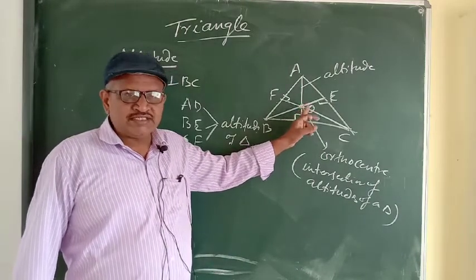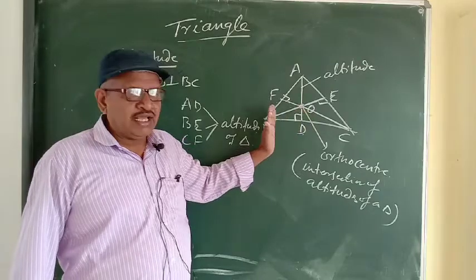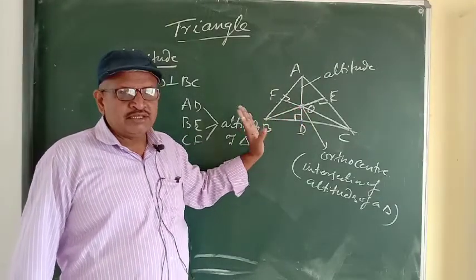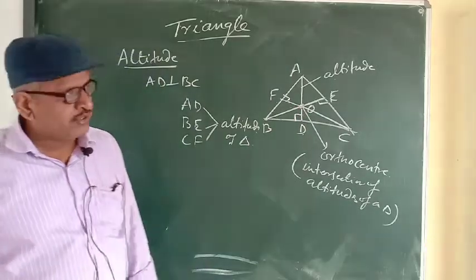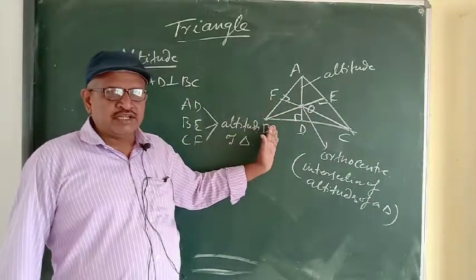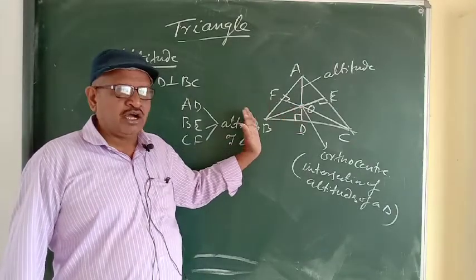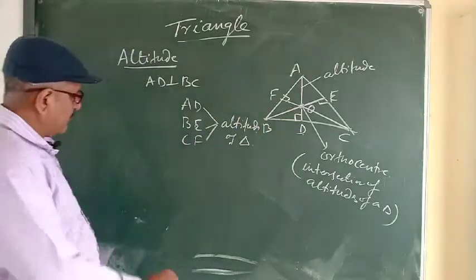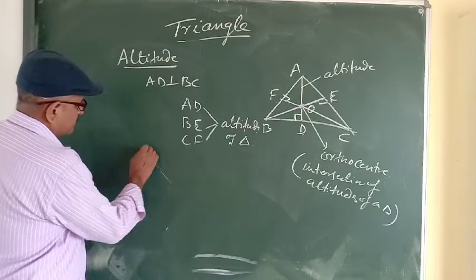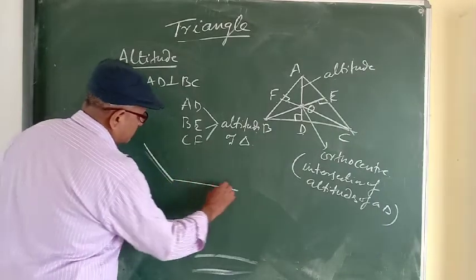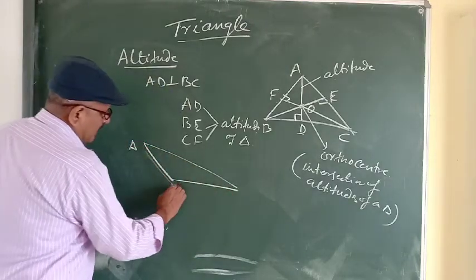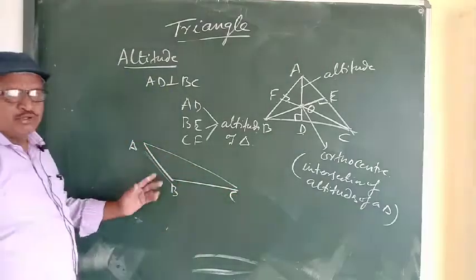Orthocenter may lie inside the triangle, may lie outside the triangle, or on the triangle. In case of an obtuse angle triangle, orthocenter will lie outside the triangle. Suppose ABC is an obtuse angle triangle.